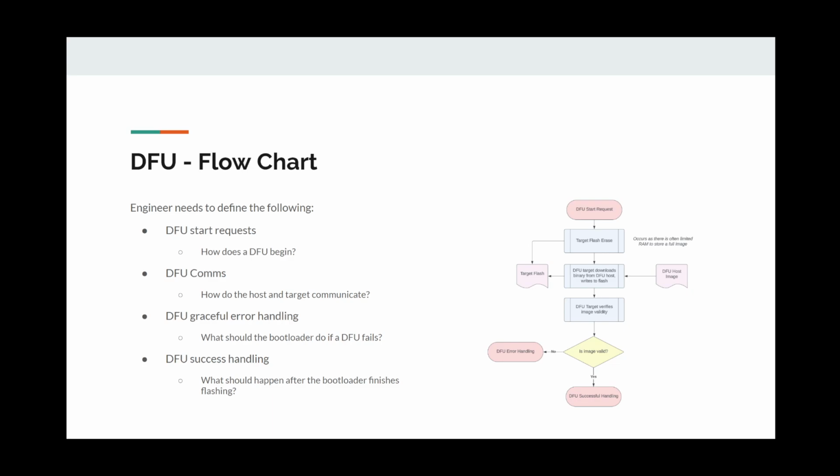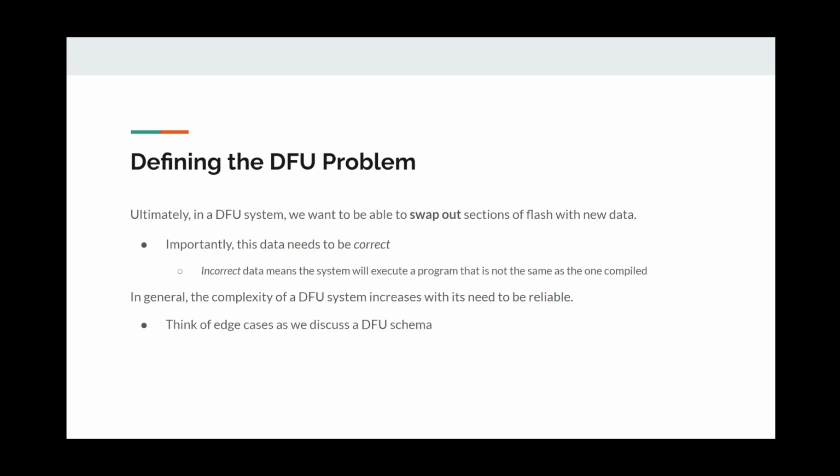Cool. Oh, in the back right over there? Just to clarify, the bootloader tells what application to run. Yep. If you want to swap application, the DFU is how we want to swap out sections of flash with new data. So think of it as though we've got our bootloader, we've got our application, but we want to run a new application on it, right?